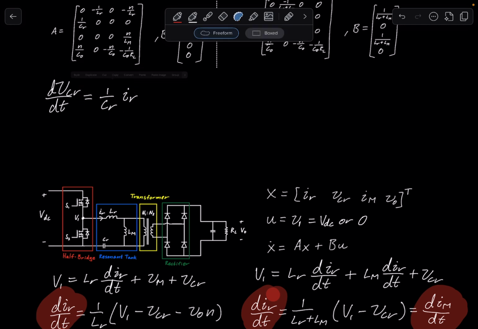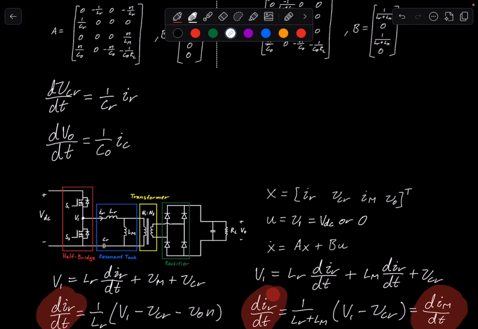And now we also want to find the output voltage. So we can look at the capacitor voltage over the capacitance here, the output capacitance. So we know that the change of voltage over time should be equal to 1 over CO, which is the output capacitance, multiplied by the current flowing through the output capacitance.